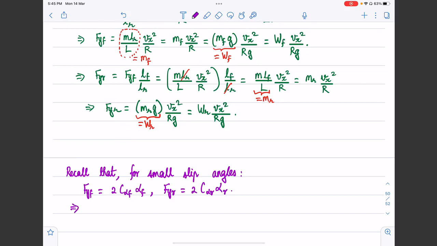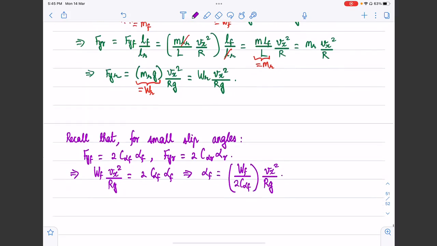So now what is Fyf? Fyf, we just got it as Wf Vx squared by Rg. That's going to be equal to 2C alpha f times alpha f. So this will immediately give me an expression for alpha f. Alpha f will be Wf divided by 2C alpha f multiplying Vx squared by Rg, right? I am sure all of us understand this.